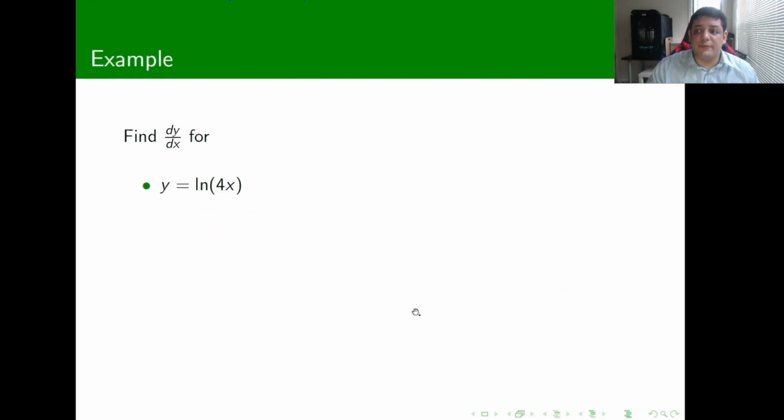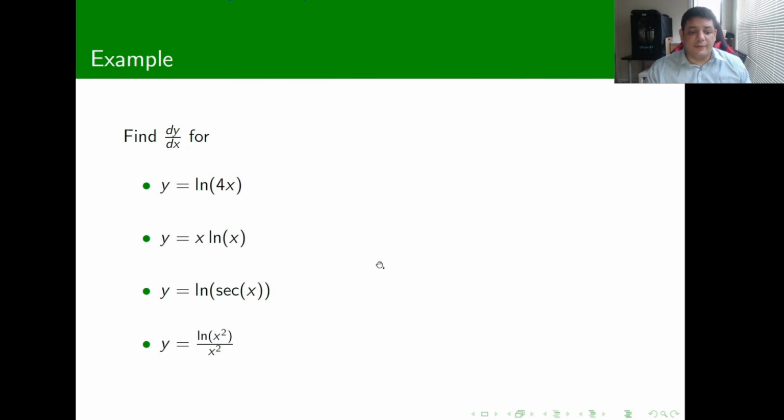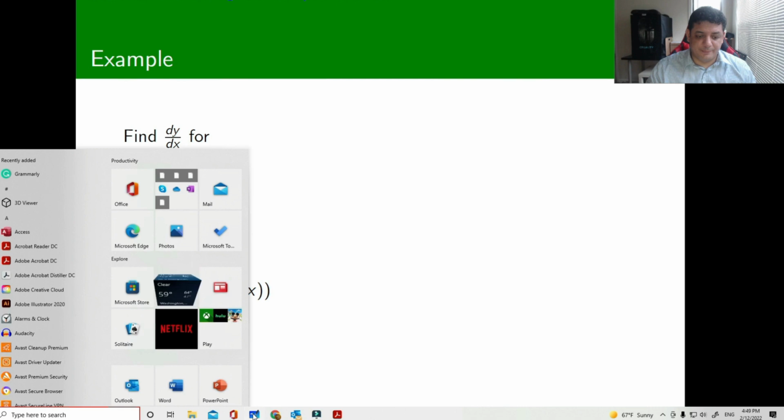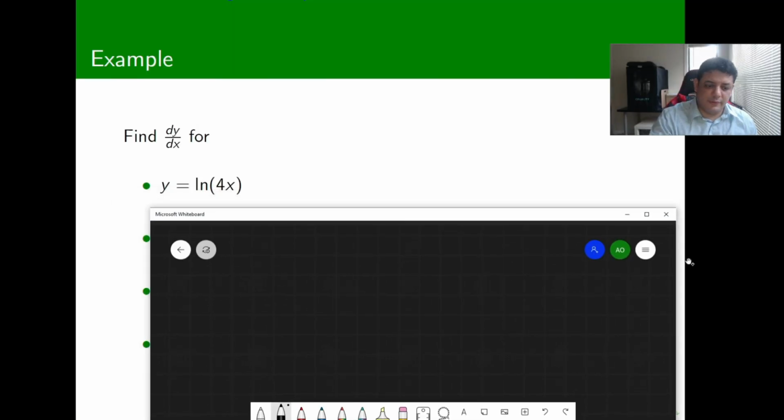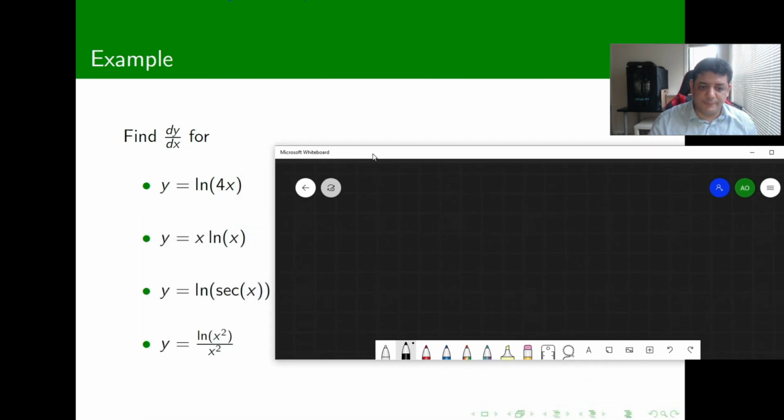Now let's take a look at some examples of taking the derivative of logs. We're going to find the derivative of log of 4x, x log of x, log of secant of x, and log of x squared divided by x squared. Let me write this here on the board before we move forward.